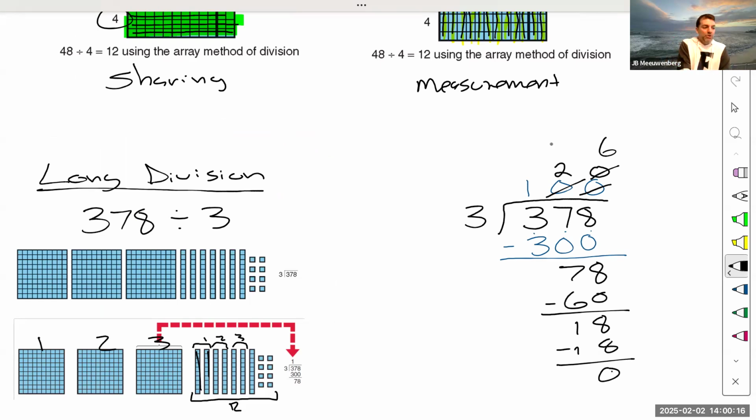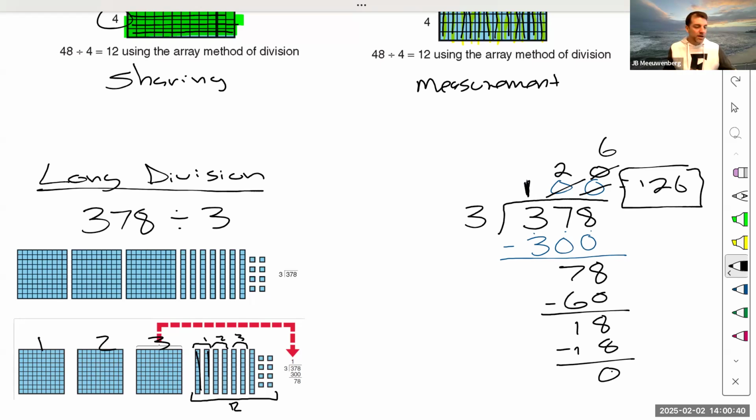So, maybe you've never even written it like that, and normally I don't either, but I think it helps illustrate the real idea of what's going on behind the scenes in long division. 3 is going into 378 at one time. It's going in 100 times, right? We're just sticking it in that hundreds place, okay?